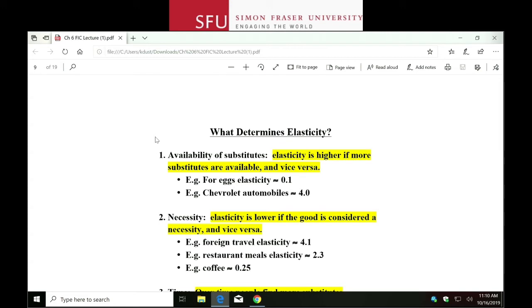But if we observe what you have done after a year or after a couple years, then you will have made more changes. You might have bought a different car that's more fuel efficient, or an electric car. You might have started taking the bus. You might have gotten in shape and started riding your bicycle, whatever it is, right? If you give a consumer more time, then you're going to see a bigger change in the quantity because they'll have been able to figure out how to make adjustments, right? So they can find alternatives.